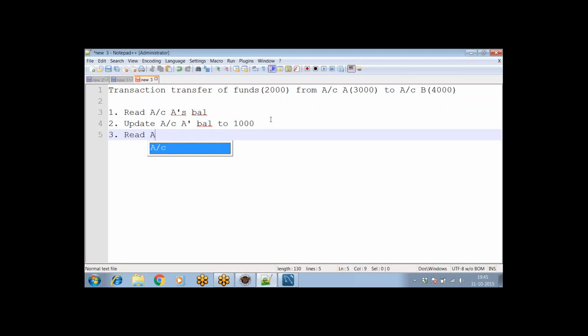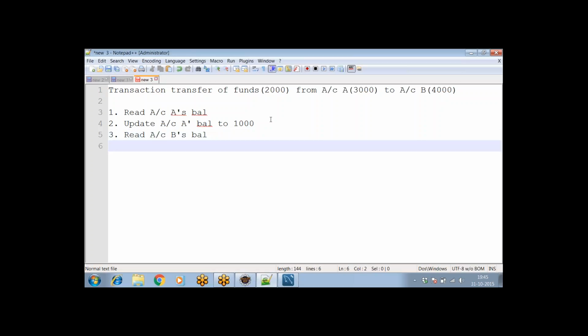Then read account B's balance and update account B's balance to how much? 6000, right? So these are the set of DB operations which you need to execute.